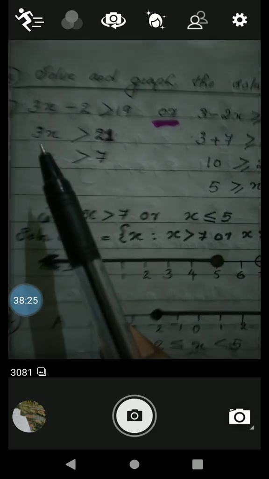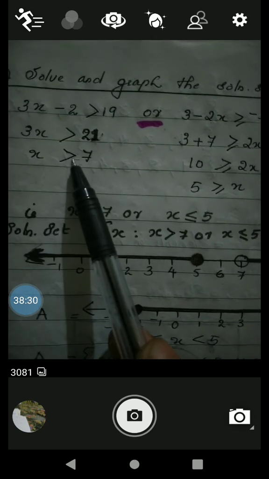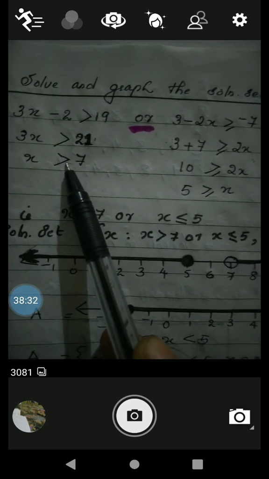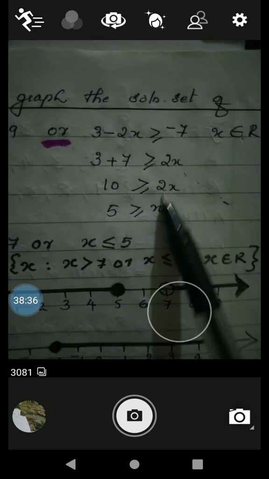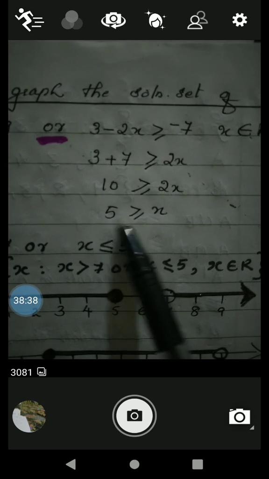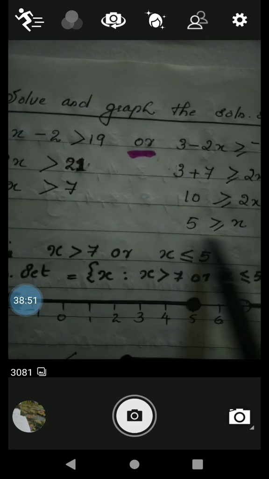You can see on the left side, when you simplify, you will get x is greater than 7. And on the right side, when you simplify, you will get 5 is greater than or equal to x.